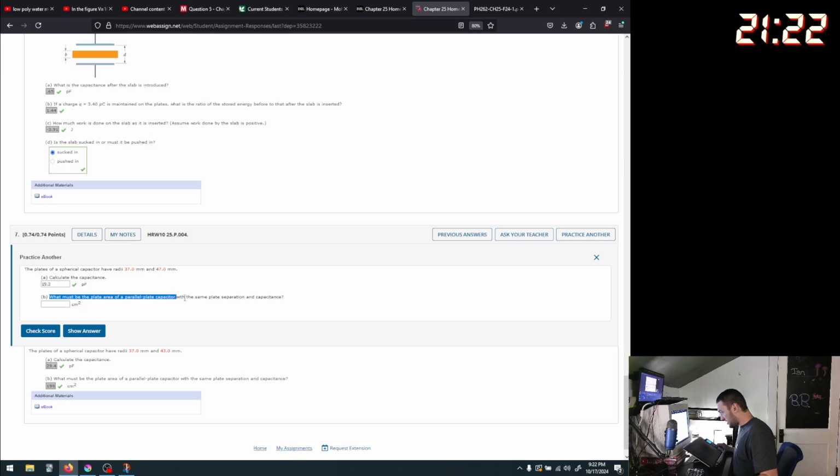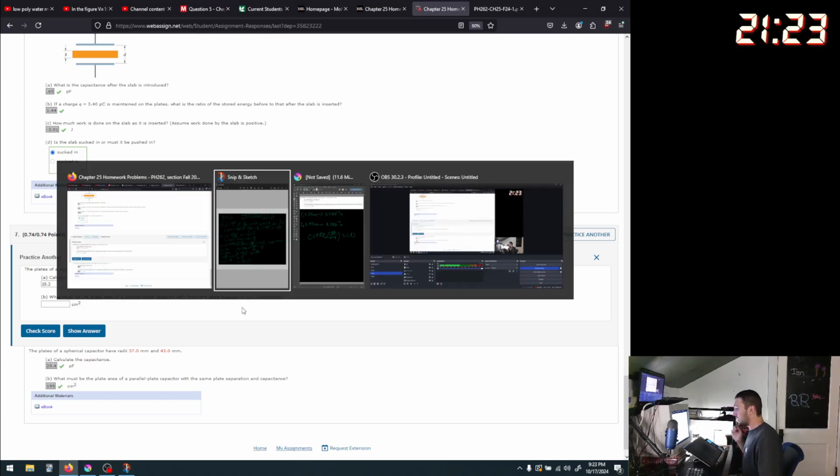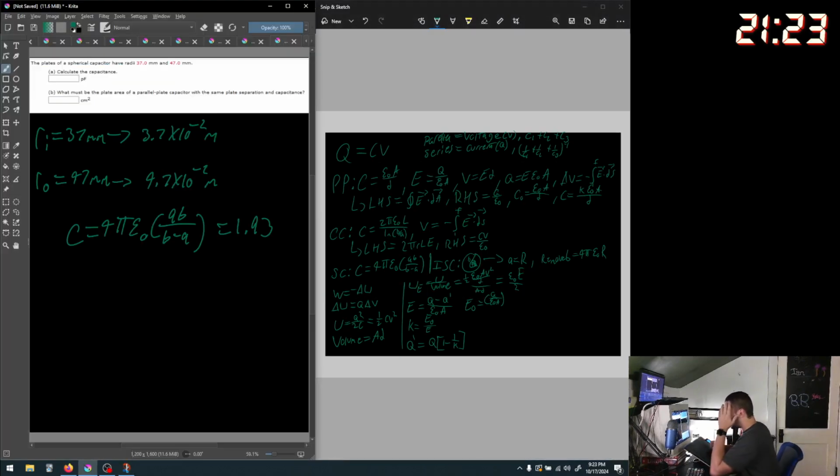What must the plate area of a parallel capacitor be for the same separation and capacitance? For a separation, it's going to be 47 minus 37, which equals 10 distance. And then capacitance equals 19.3.